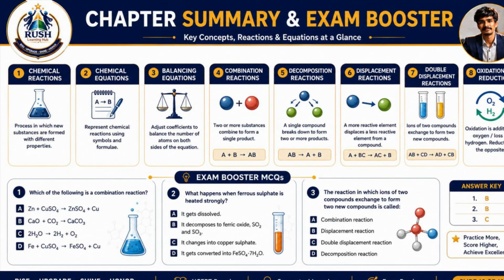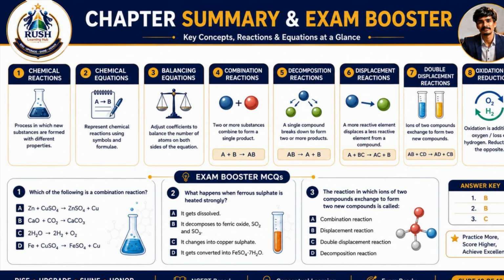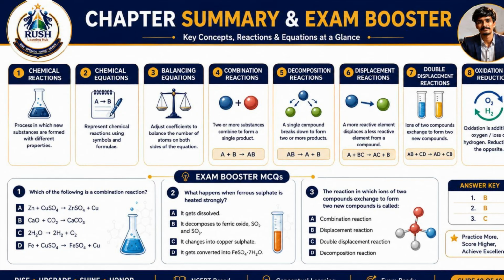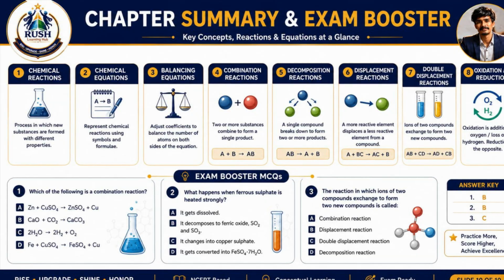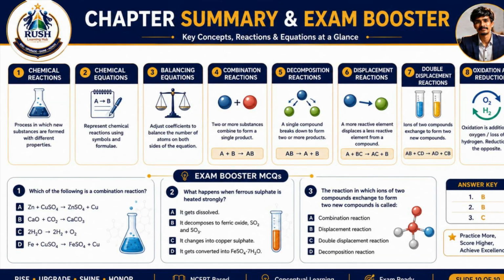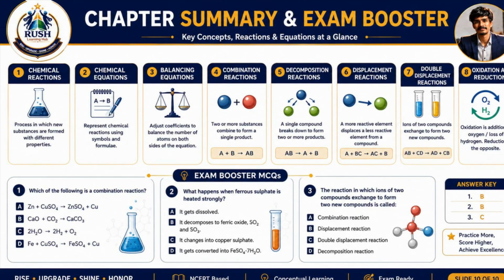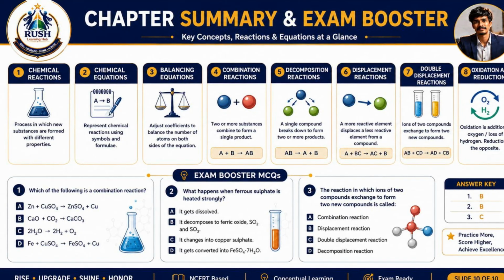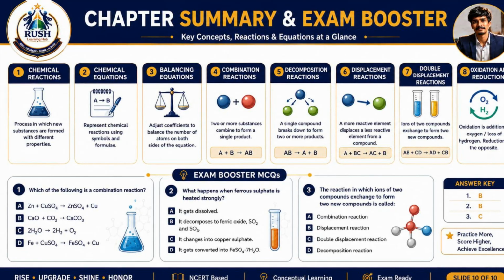A double displacement reaction involves the exchange of ions between two compounds, resulting in the formation of new compounds. Finally, oxidation is the addition of oxygen or removal of hydrogen, while reduction is the removal of oxygen or addition of hydrogen. These processes often occur together and are known as redox reactions.